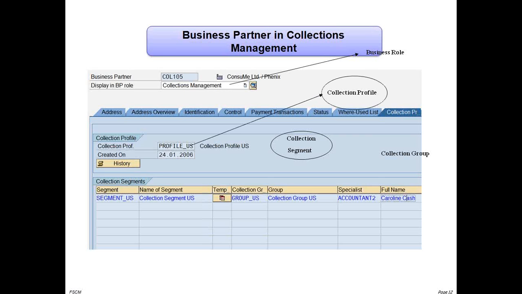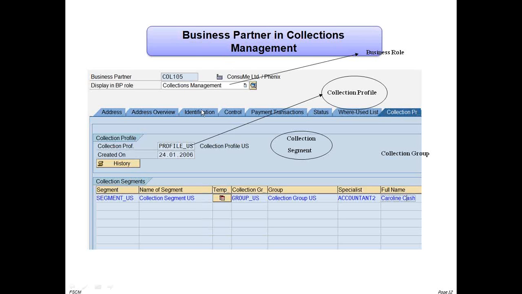And the next key element is collection profile. In my previous slide, I gave the information that collection profile is assigned with the collection segment, and the same collection profile is going to be linked to the business partner here.